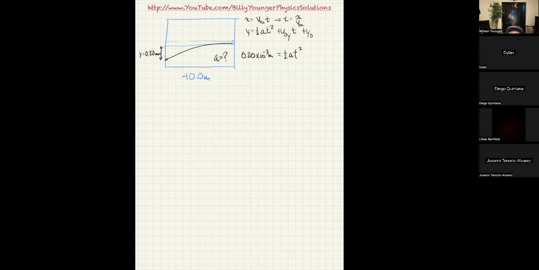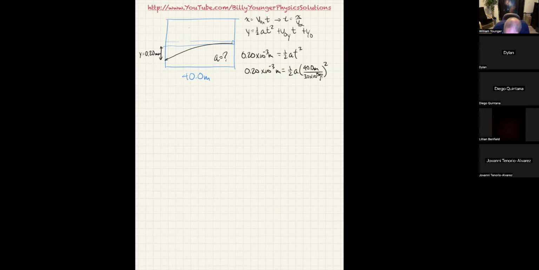Now I can take the 0.20 times 10 to the negative third meters and set that equal to 1/2 a, and in place of t, I'm going to put 40.0 meters for x over 3.0 times 10 to the 8th meters per second for the speed, and I've got to square that.